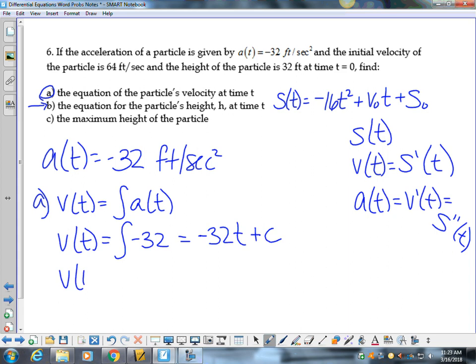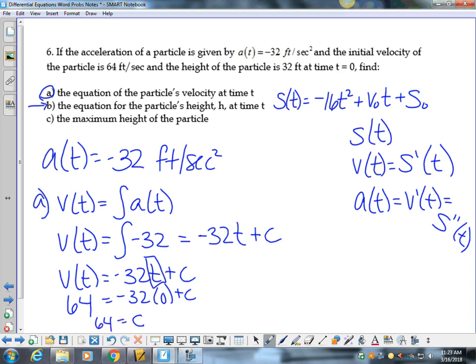If your velocity equals negative 32 t plus c, initial means time is what? 0. What is your velocity? What did it say? 64. So c equals 64. I know y'all can just see that your c would be 64, but I'm trying to show you where it comes from.